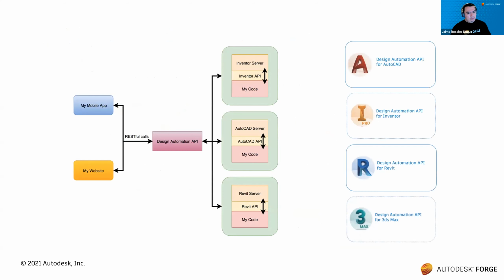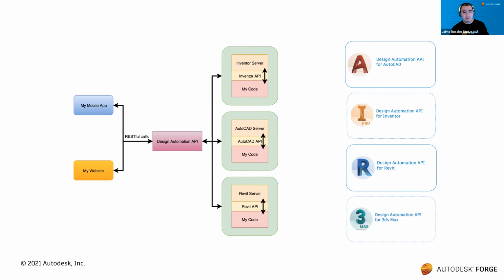So, it basically goes like this. The design automation API is a set of RESTful API calls, so they work on the server side. It's not gonna be doing anything on the client side like we were doing, for example, yesterday with the viewer. The viewer itself is based on JavaScript, so we do need the client side to happen every time in there.